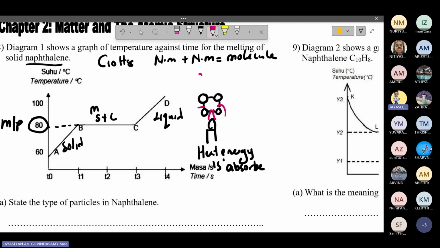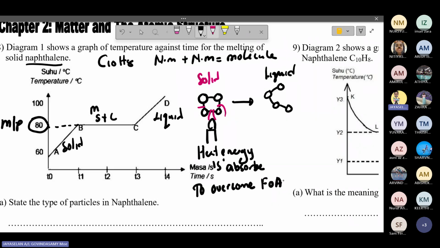This is solid. When it absorbs heat energy, what will happen? The forces of attraction will be overcome. Ini pecah. Pecah ini adalah apa? Liquid. So why do the particles absorb heat energy? To overcome the forces of attraction.